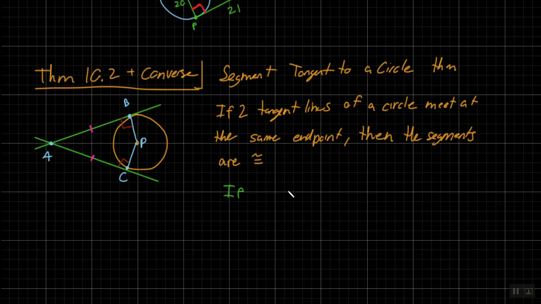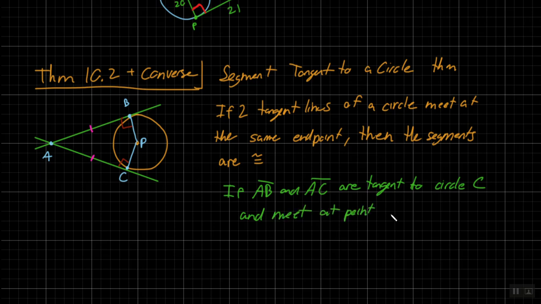So if AB and AC are tangent to circle C and meet at point A, this is an if and only if, so double arrows, then AB is congruent to AC.